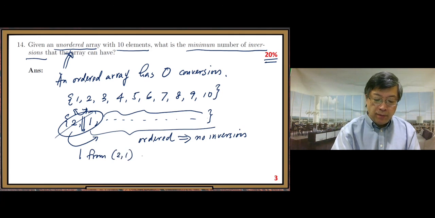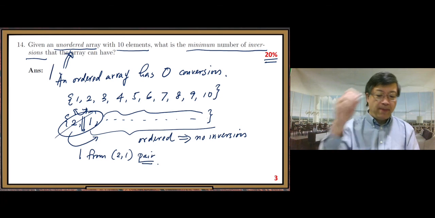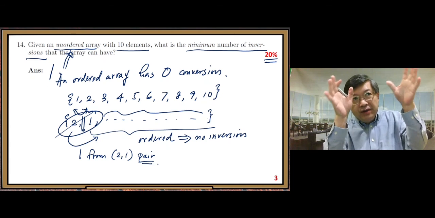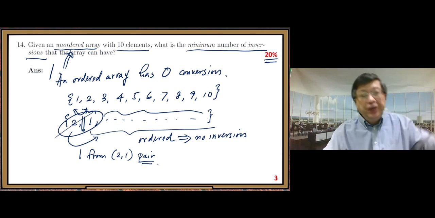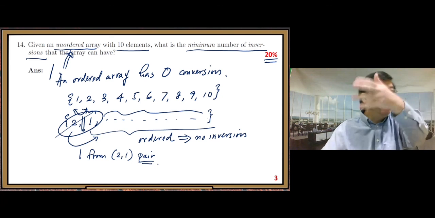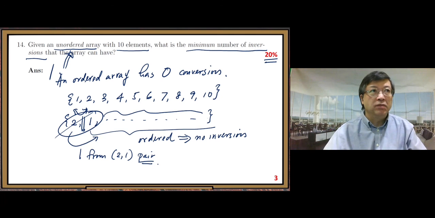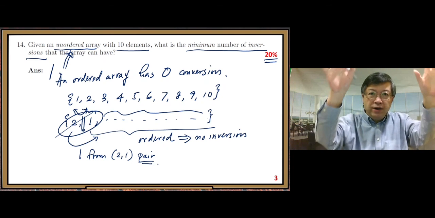So the answer is 1. That's another way of thinking to get the answer. Now, you need to do some thinking. There are many different ways. This is just one of the possible ways. All right, so that's our part 4.